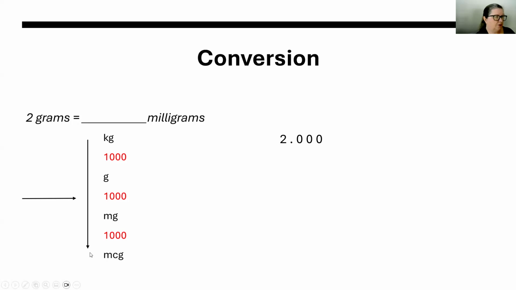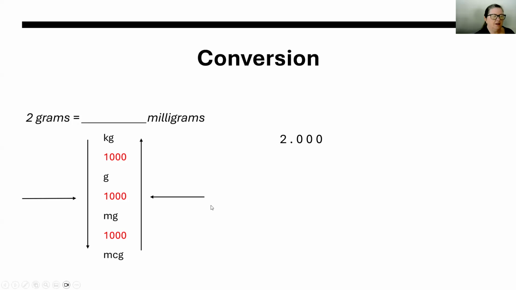So down means right. Hope you're following me so far. If you are going up the ladder, then you are going to move the decimal to the left. So down is right, up is left.